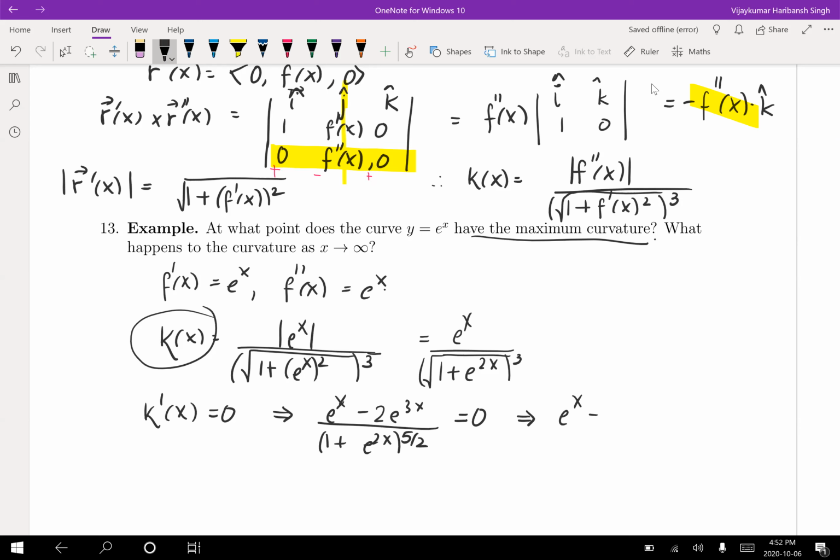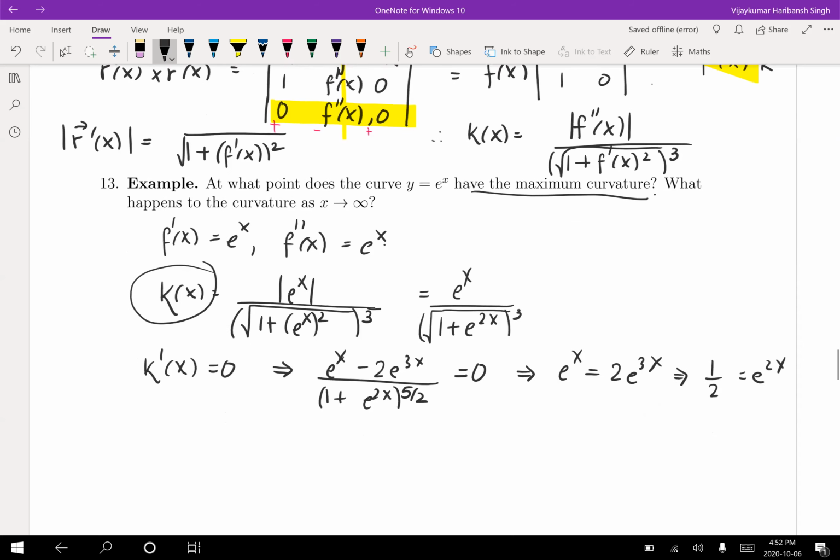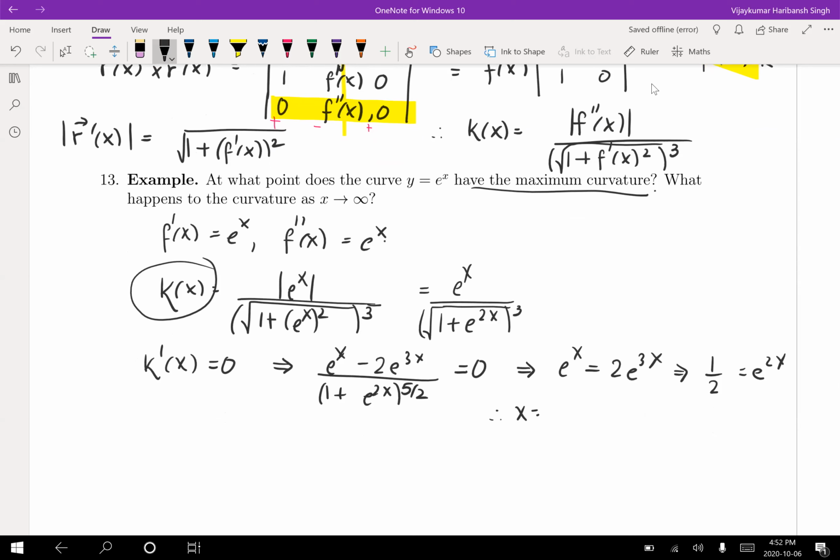Which gives e to the x equals 2 e to the power 3x, because the denominator cannot be 0. Exponentials are never negative, so we are only interested in the critical point which arises from equating the numerator to 0. This gives us one half equals e to the power 2x, and therefore x equals one half of ln of 1 by 2.